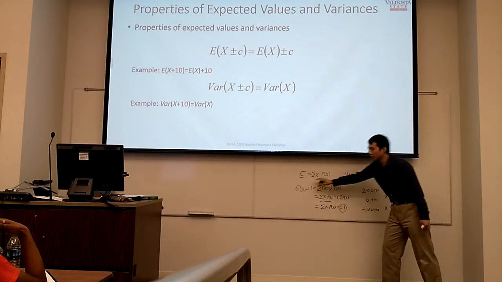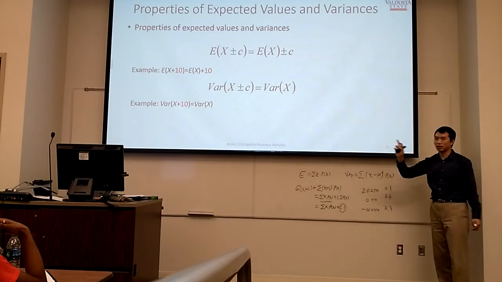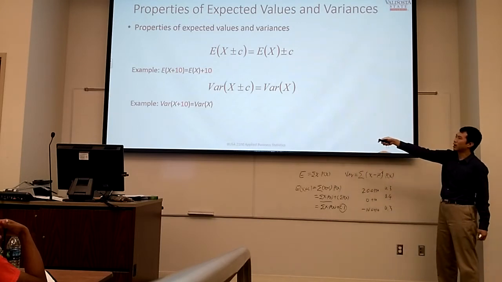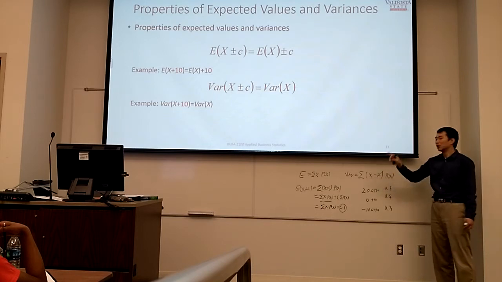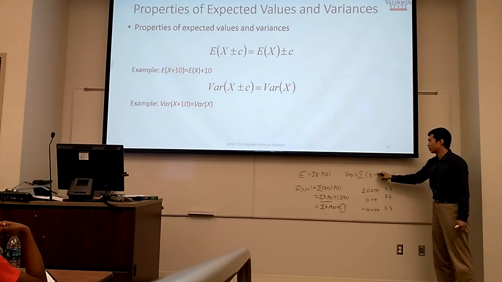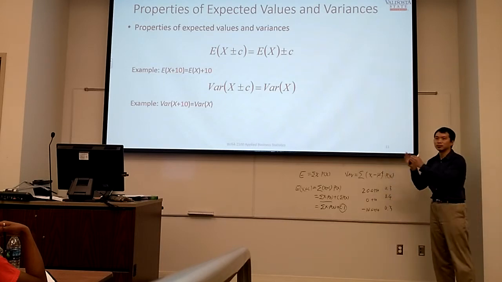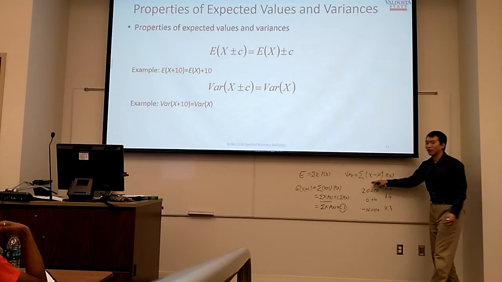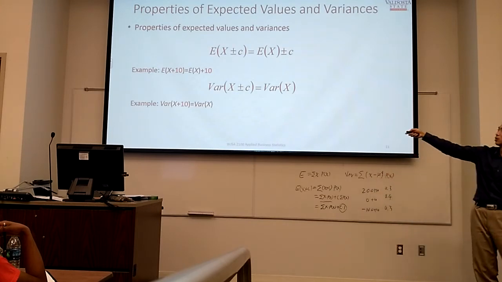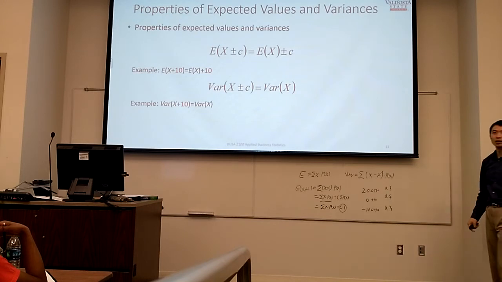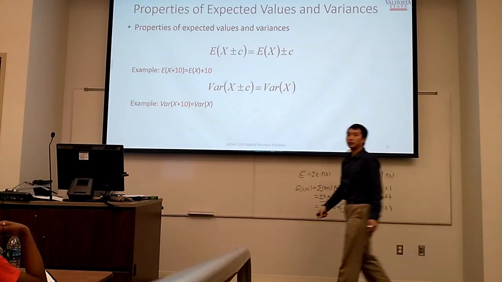I will not do this proof for the variance, but one thing I want to point out is that if we plus or minus a constant in this formula, we need to add or subtract the constant here, and we also need to subtract or add the constant for the mean. So that's why this value will not change. Okay? So that's why the variance is the same, still equal to the variance of the random variable. Okay? So that's the second property.